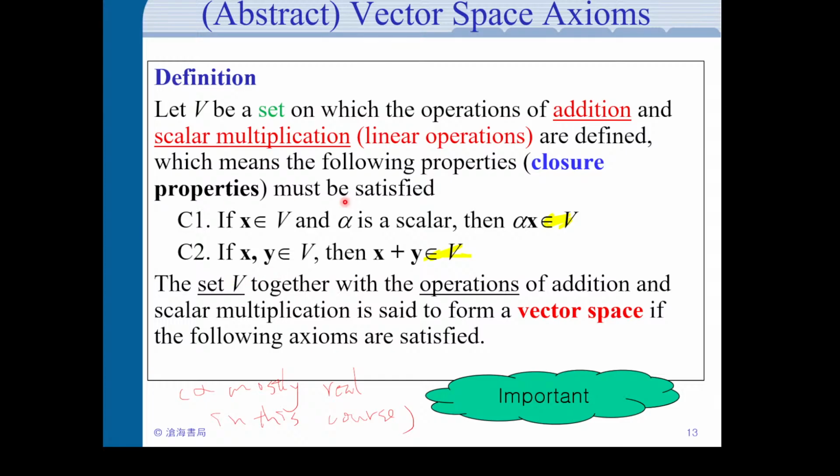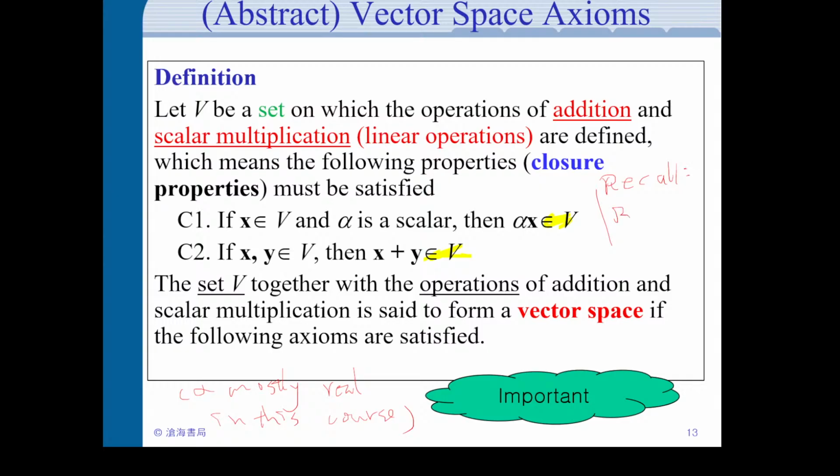So first, we need to satisfy the closure. And now this is the linear part of why this course is called linear algebra. Those two operations, addition and scalar multiplication, are usually called linear operations. And remember that we already saw something very similar to this: the row operations on matrices.